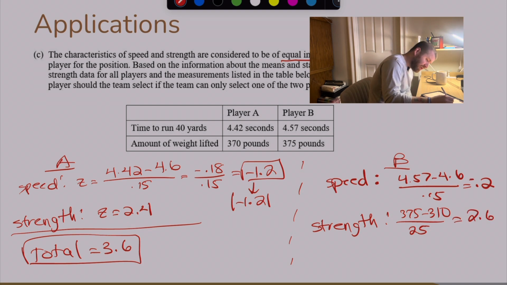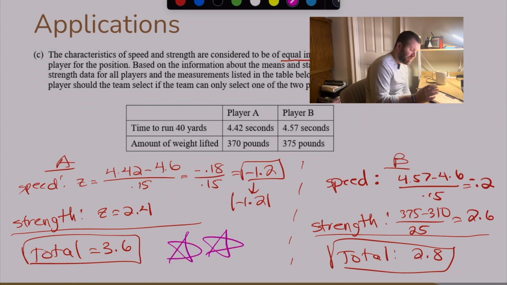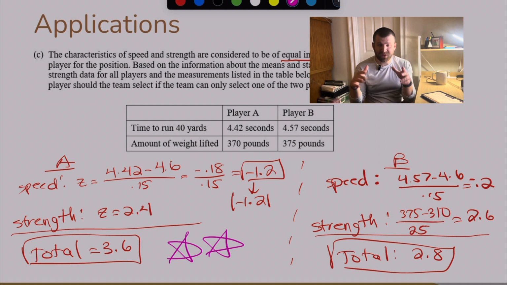This is a negative 0.2. So for this person, their total is 2.8. So who's the winner here? Very clearly, player A is the winner in this case because they have a higher combined total z-score.